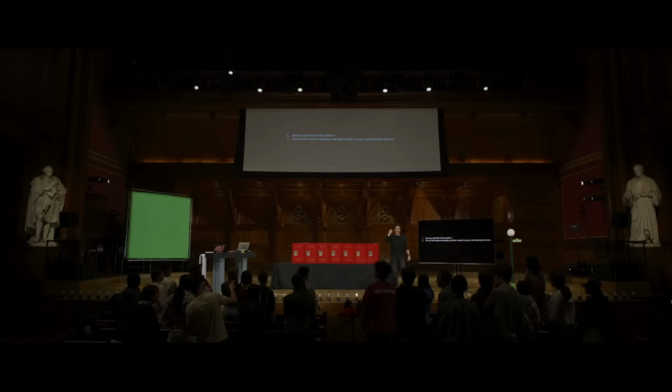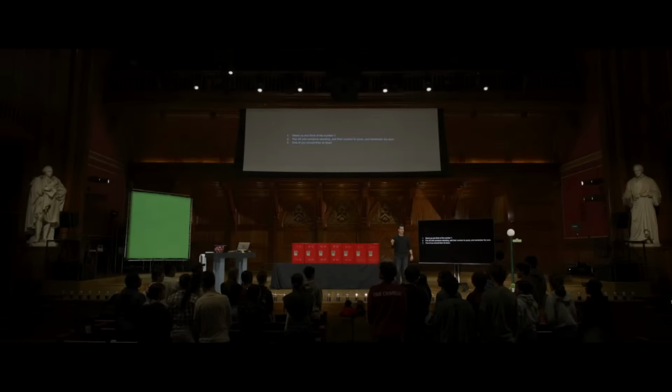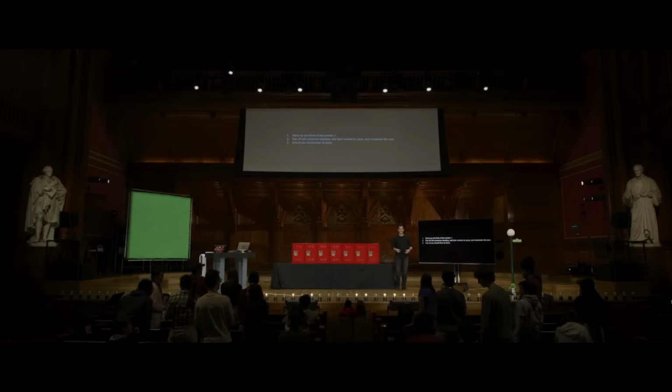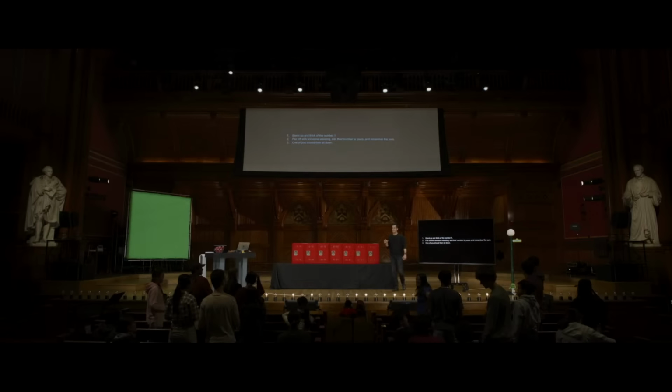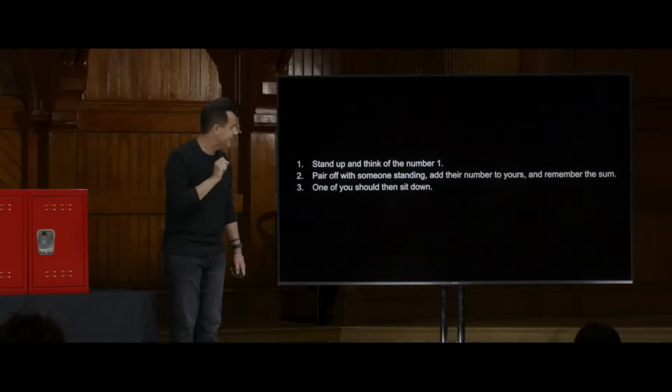OK. At this point in the story, everyone, except maybe one lone person, if we've got an odd number of people in the room, is thinking of what number? 2. OK, so next step, one of you in each pair should sit down. OK. Good. Never seen some people sit down so fast. So those of you who are still standing, the algorithm's still going. So the next step for those of you still standing is this.